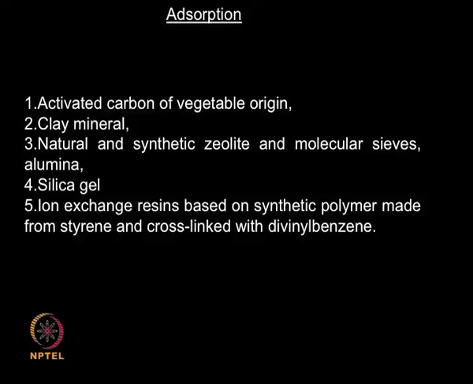We can use molecular sieves, we can use normal alumina, gamma alumina, alpha alumina, we can use silica gel, we can use ion exchange resin, different types of ion exchange resins, cationic resins, anionic resins, they are all attached to polymers like styrene or cross-linked divinyl benzene polymer. So a large number of adsorbents can be thought of, varying particle size depending upon what you want to adsorb from the slurry.